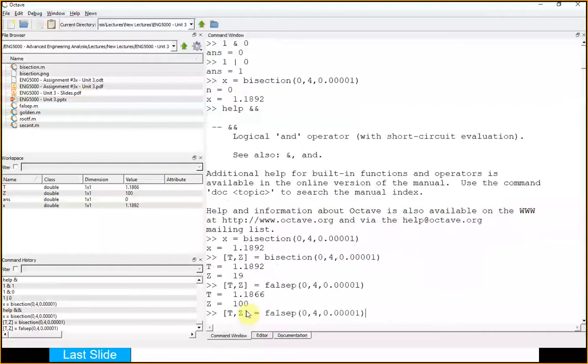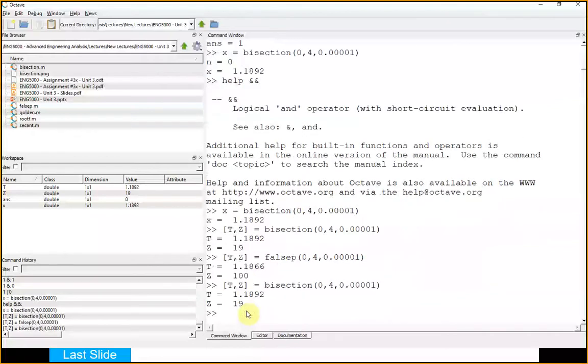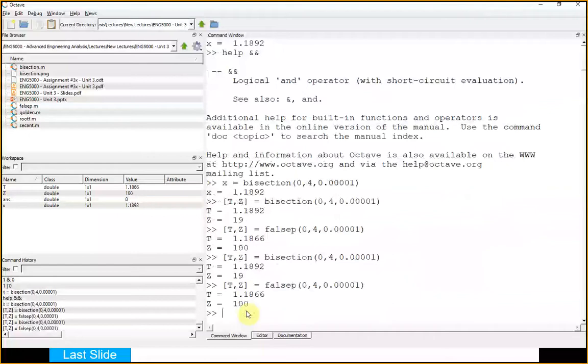Hold on. Quite odd. You know what's happening with this false position here? Anybody can tell me what happened? Can anybody see what's happened here?